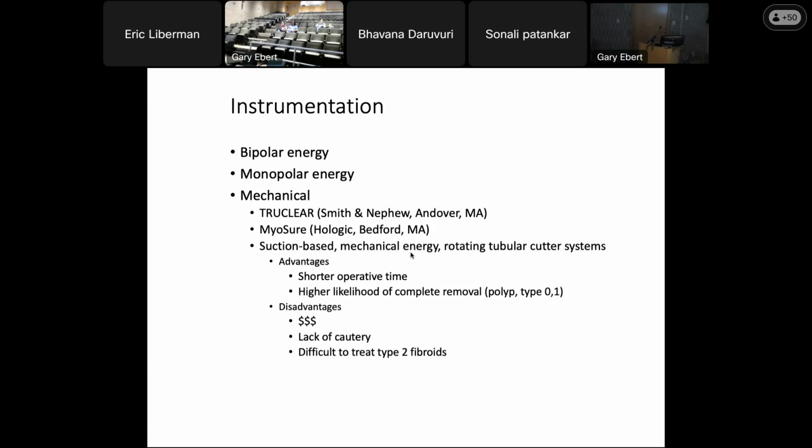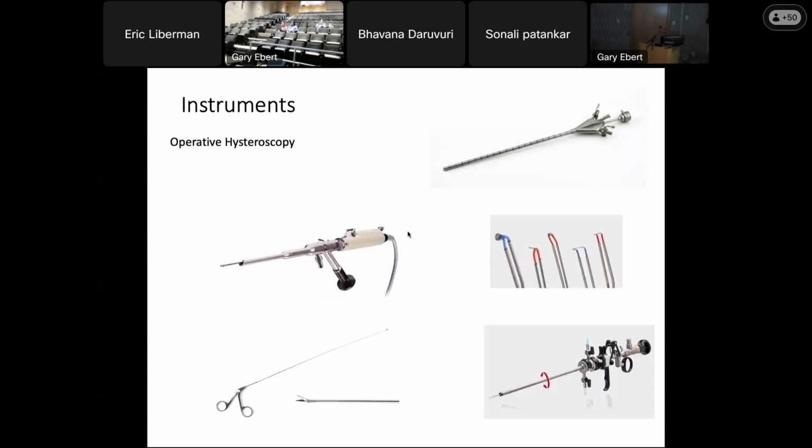They're expensive. Each time you use one, it's about $500 to $700, depending upon which one you are using. Also, there is no ability to coagulate or cauterize any bleeding, which increases, obviously, risk to patient and intravasation of fluid. These are just some pictures. The one here, the top left one, is a mechanical morcellator.